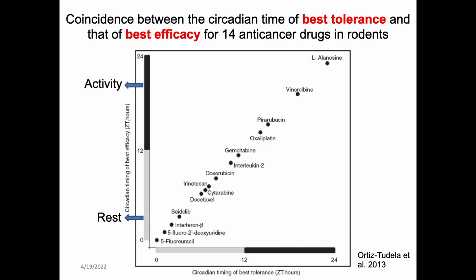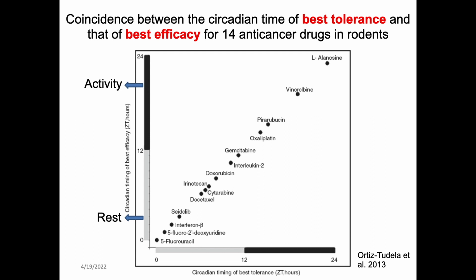So later on, the Francis Lévi group established a relationship between the circadian time of best tolerance and the best efficacy for about 14 anti-cancer drugs in rodents. The white panel shows the rest span of the mice and the dark panel shows the activity span of the mice.